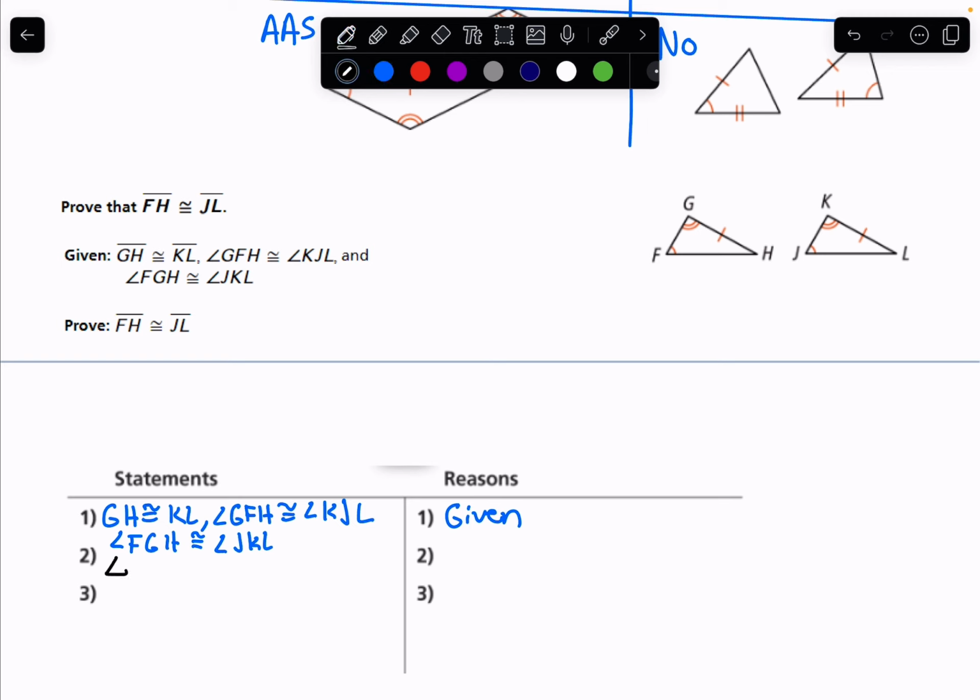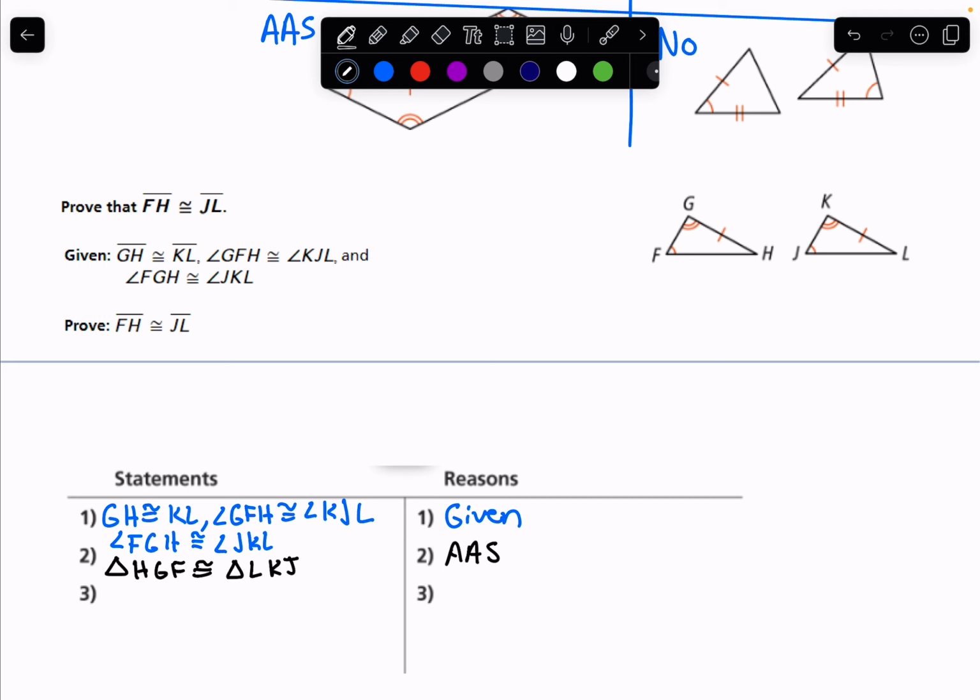So maybe one of them will be triangle HGF. And if that's the name of the first one, that next one needs to be corresponding, so that'll be triangle LKJ. And we know that they are congruent by the angle-angle-side congruence postulate or congruence criteria.